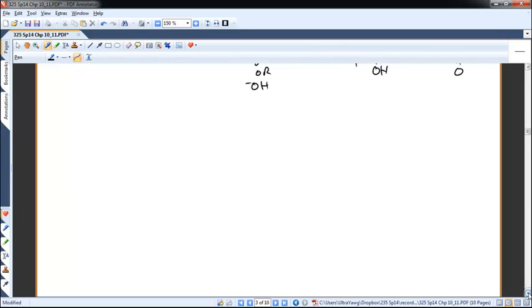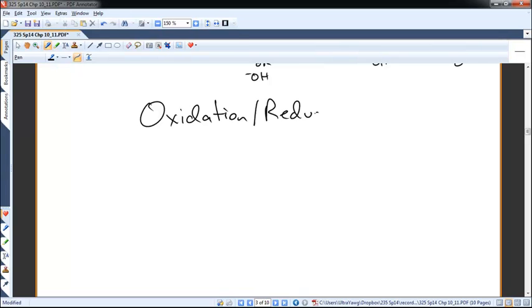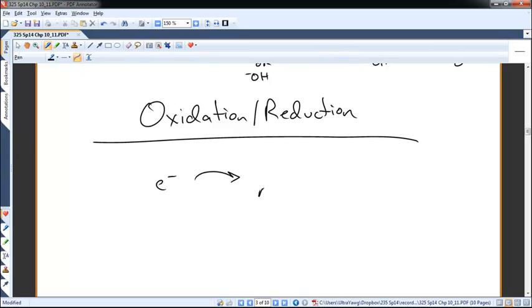So let's take a look at the things oxygen can do. Oxidation, reduction. Alright, so you remember from Gen Chem, I'm sure, that oxidation reduction is like an electron goes over here, and so this guy gets reduced, and then this guy gets oxidized because he lost an electron, and so on. That's way too complex. We're not going to do any of that. That's too hard. You've got to pay attention to electrons and stuff.